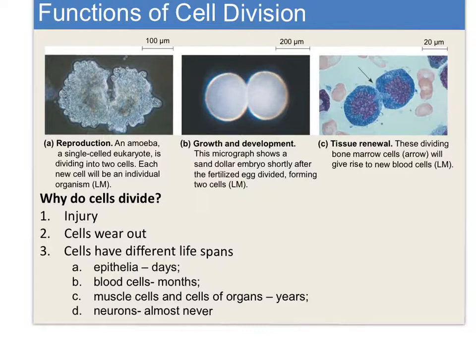Muscle cells and organs, depending on what you're doing, like with muscle cells, you can break them down when you're working out, so if you want to build up your muscles. But a lot of the cells in muscles and organs last a long time.